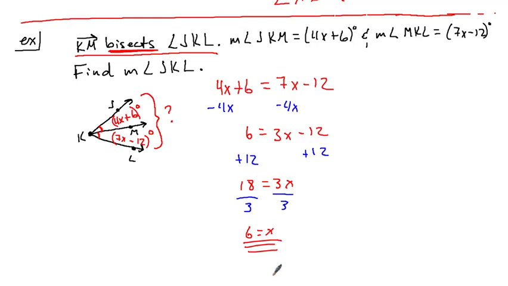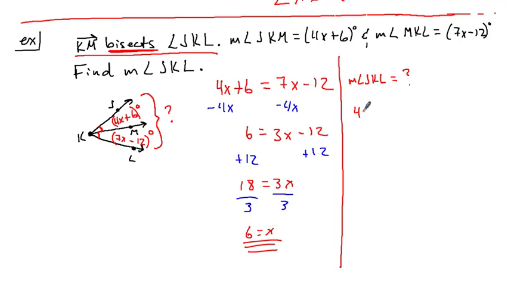And we're happy because we found x, but we have to be careful because the problem didn't say to find x. It said find the measure of angle JKL. So we have a little more work to do. The measure of angle JKL, well, that's the entire angle, right? But we know those two smaller angles are the same.